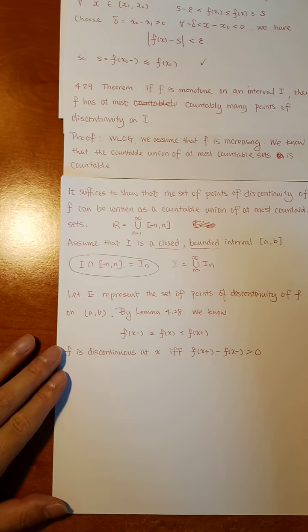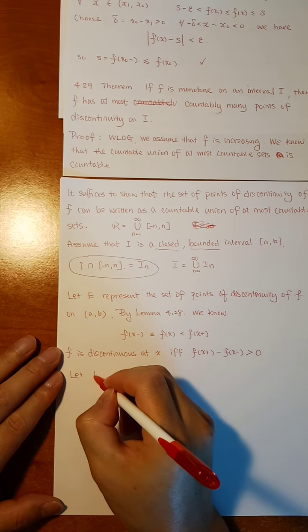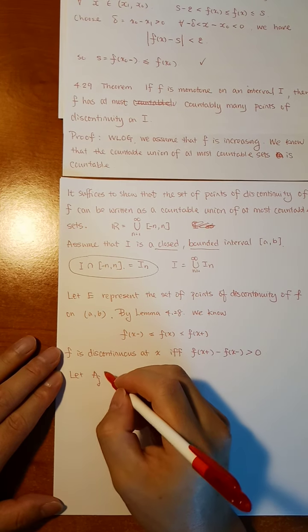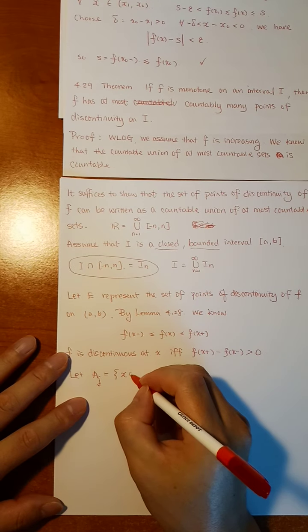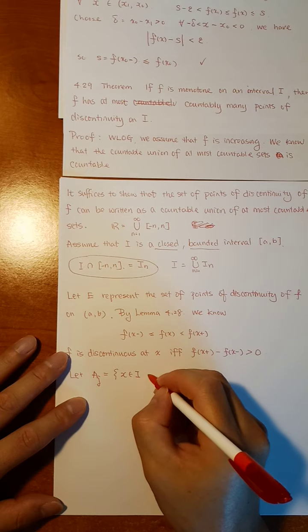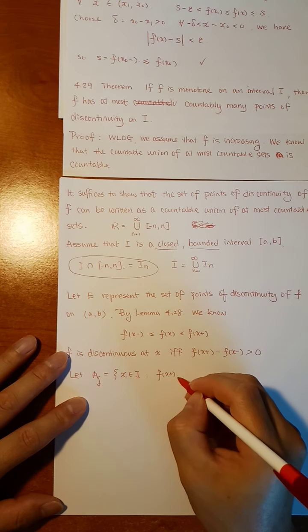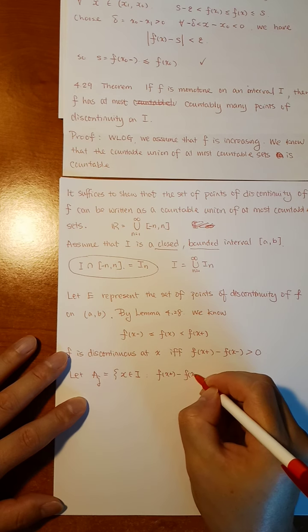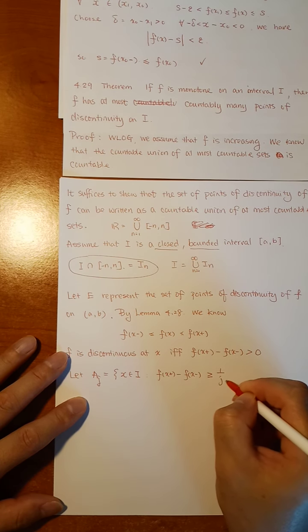So we let A_j be the set of points in I with f(x+) minus f(x-) greater than or equal to 1 over j.